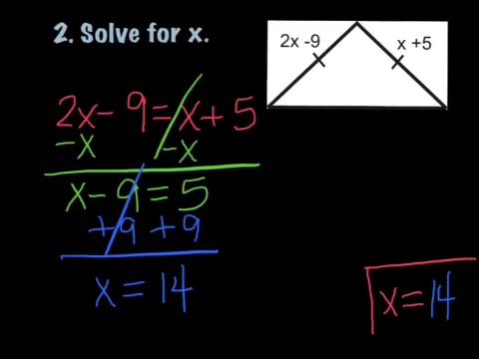So let's look at what happens when we plug 14 in. 2 times 14 is 28. 28 minus 9 is 19. When I plug 14 in here, 14 plus 5 is 19. So both sides equal 19 because it's an isosceles triangle.